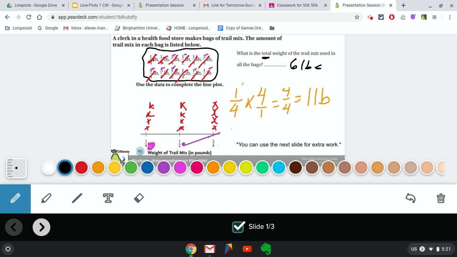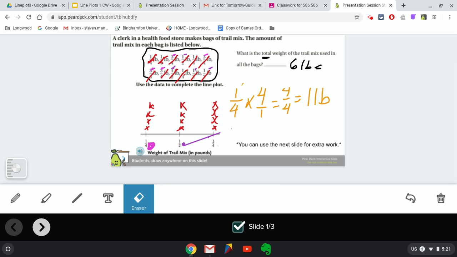Now, you could figure this out another way, but it's going to take longer than what we just did. You could add all of these weights together. You could do 1/4 plus 1/4 plus 3/4 plus 1/2 plus 1/4 plus 3/4 plus 3/4 plus 3/4, right? We could add all of those up.